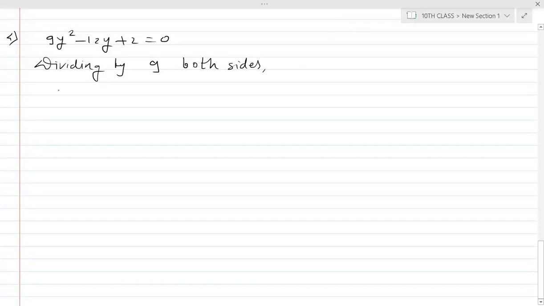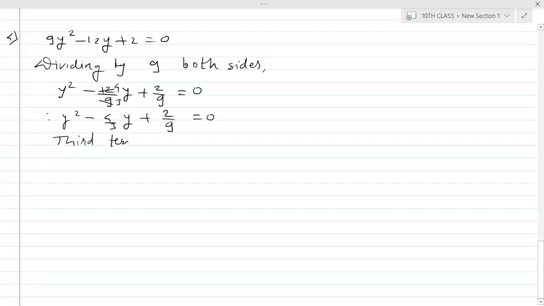So the equation becomes y square minus 12 upon 9 y plus 2 upon 9 equals 0. Now you can write 3 4s are 12, 3 3s are 9. So the equation becomes y square minus 4 by 3 y plus 2 by 9 equals 0. Now we are going to find the third term.